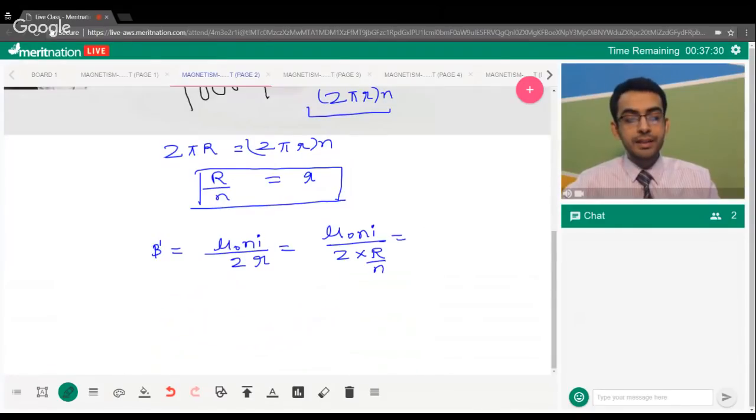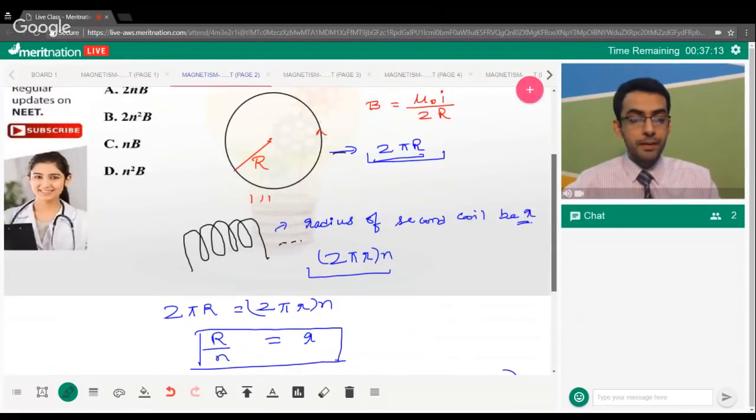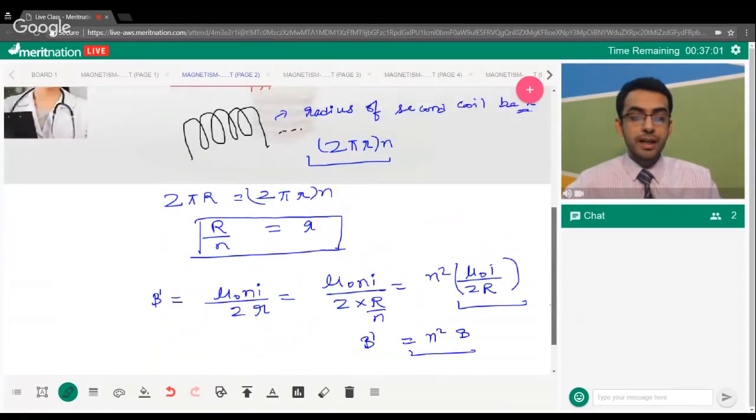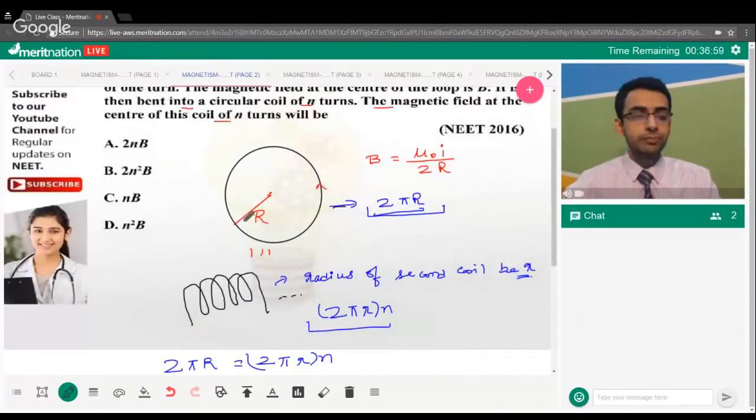This means it's equal to n square times mu naught I over 2 into capital R. This is the initial magnetic field of the previous coil. So B dash is equal to n square times capital B. So the correct answer for the given question is D.